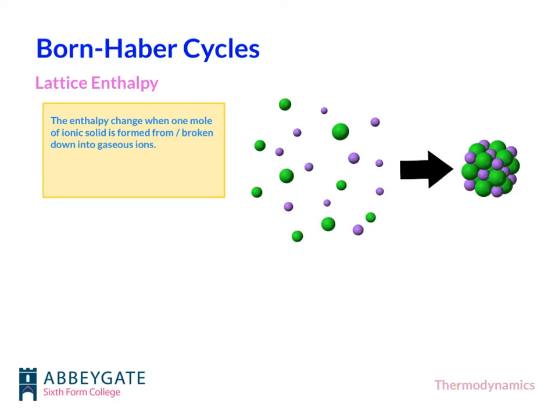So if we consider the lattice enthalpy of formation, we've got our sodium ions in the gaseous state, and some chloride ions in the gaseous state, and we're going to make them into 1 mole of ionic solid.